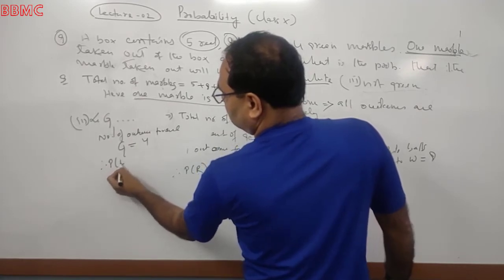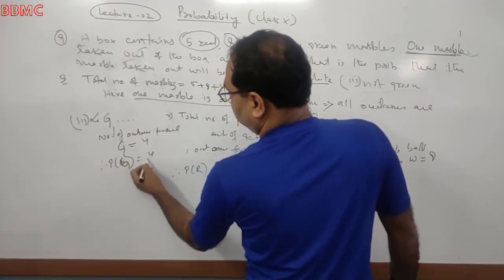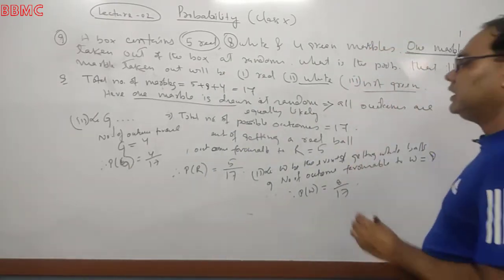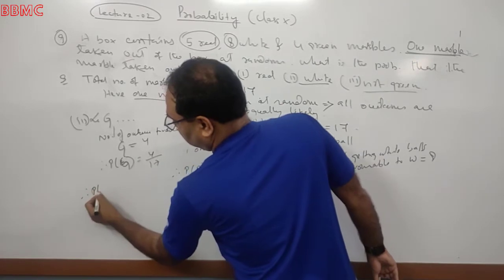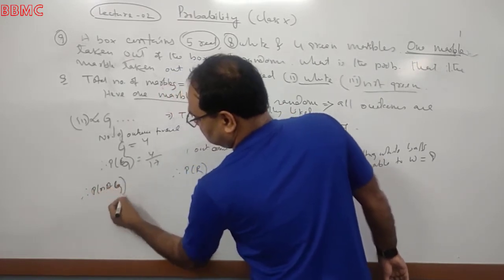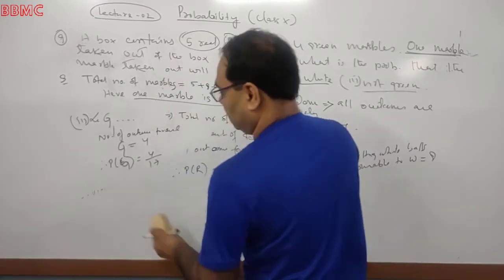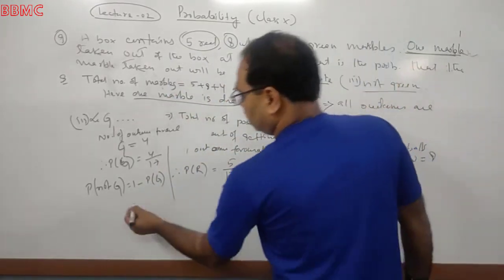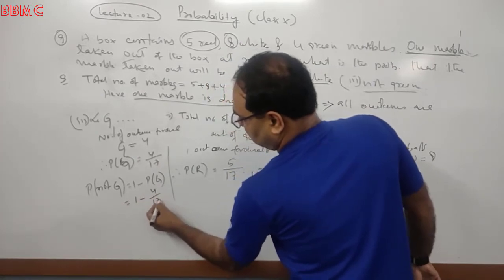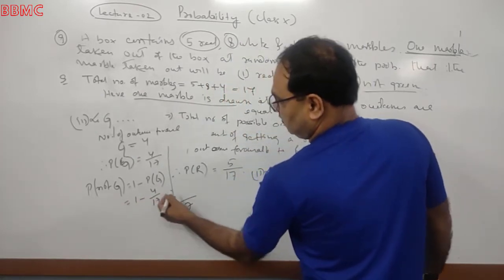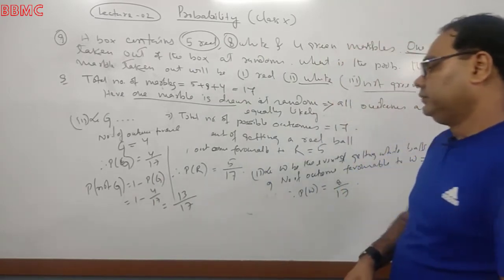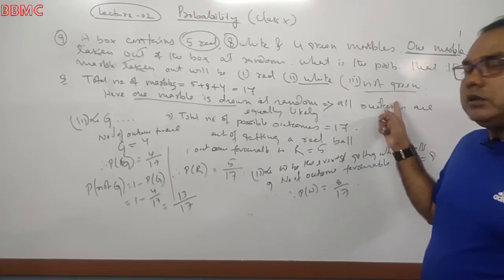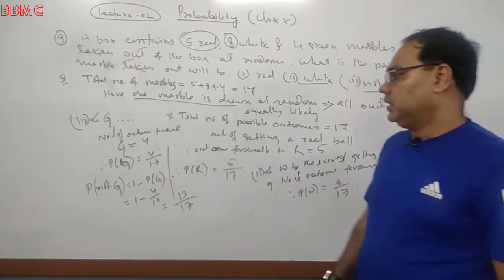P of Z is 4 by 17. We have to find not green. Therefore, P of not Z is 1 minus P of Z. This is the answer.